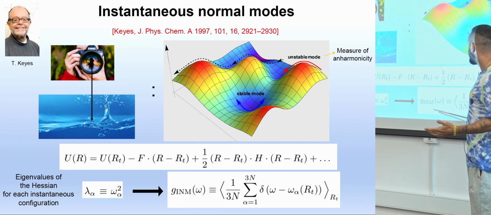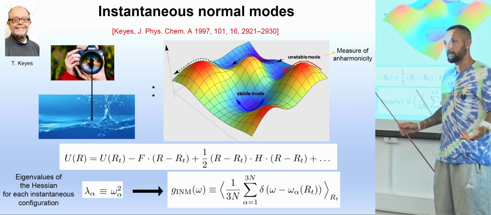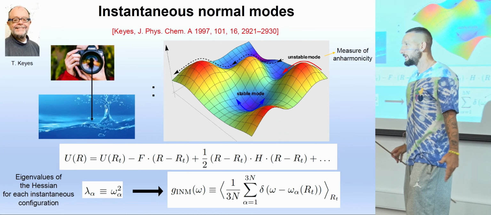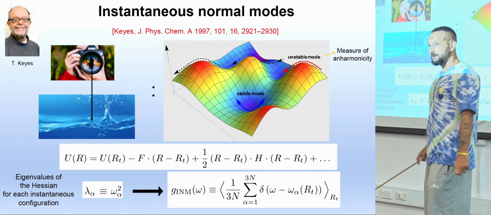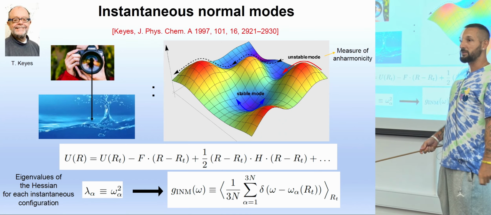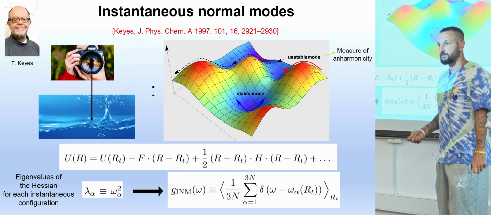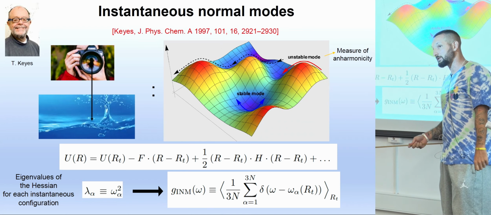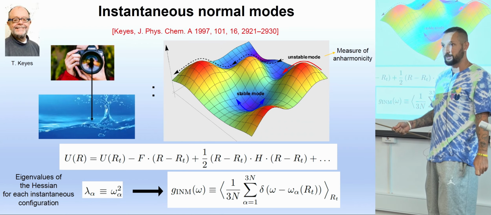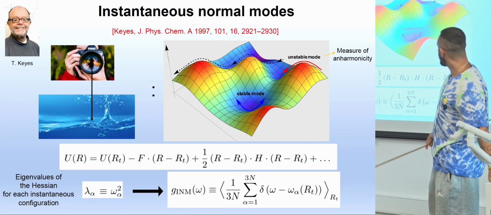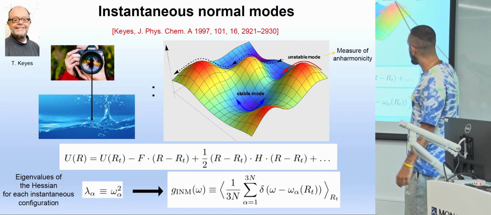I get what is called the instantaneous normal mode density of states. Now, if you do so, you will immediately find something very striking. You will find that not all the frequencies that you get are real. You will find a lot of frequencies which are not real, but purely imaginary. What do they correspond to? This imaginary frequency corresponds to what is called an unstable mode.